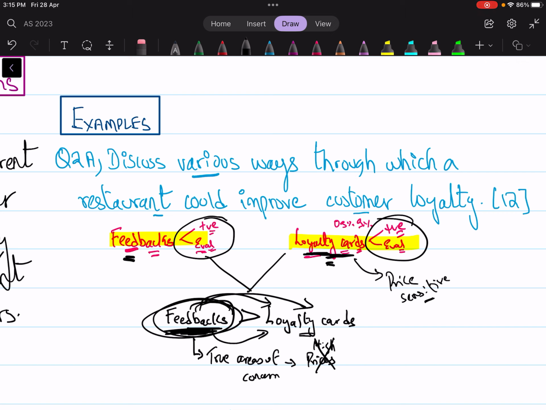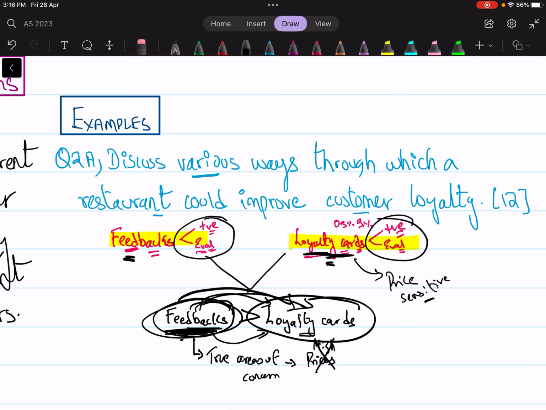So feedbacks would not only solve the problem of price conscious customers as loyalty cards do, it would help you to solve problems that are far beyond the pricing issues. And therefore, feedbacks would be really important and far better than loyalty cards. So this is how you show priority.